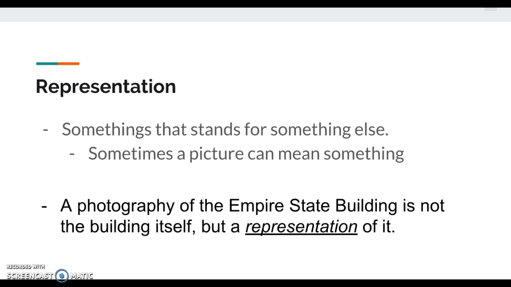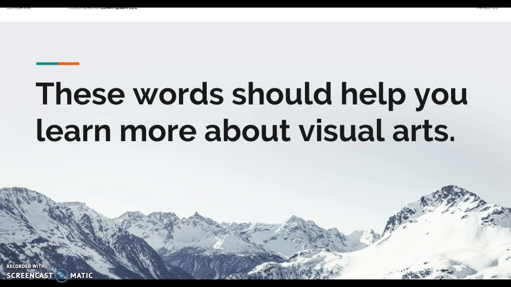So to use representation in a sentence, a photograph of the Empire State Building is not the building itself, but a representation of it. So a picture or a photograph of a building is not really the building, it's just representing what this is. Or a picture of a book is not really the book, it's just representing this thing.